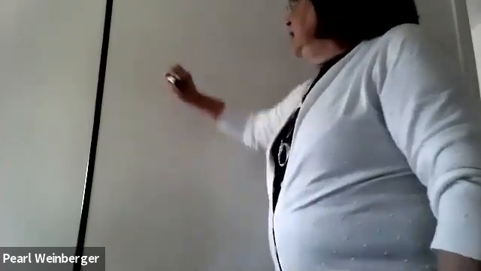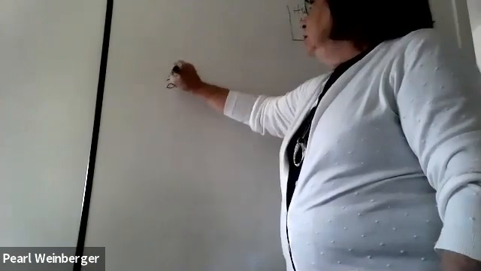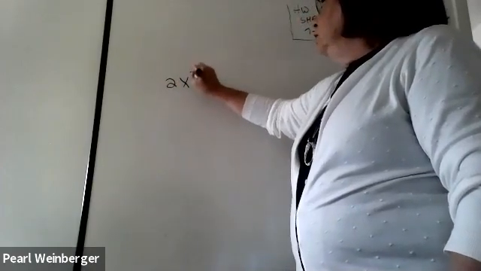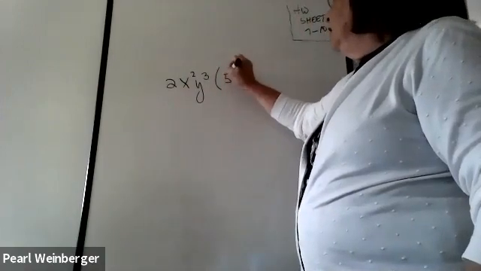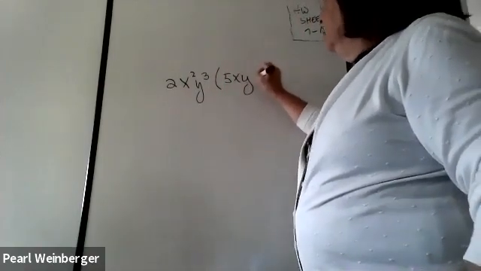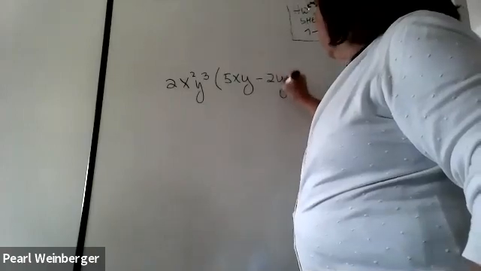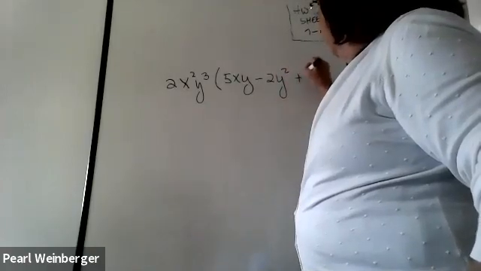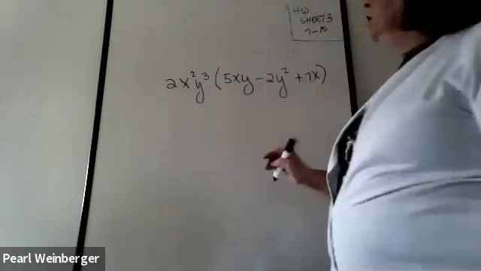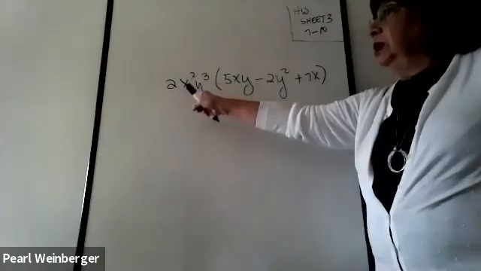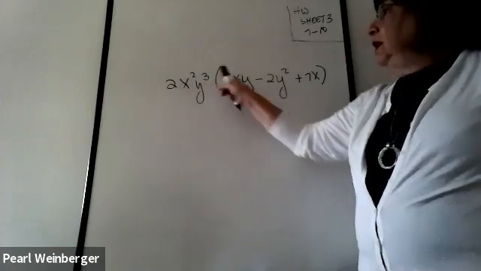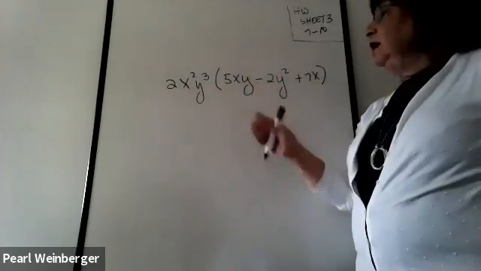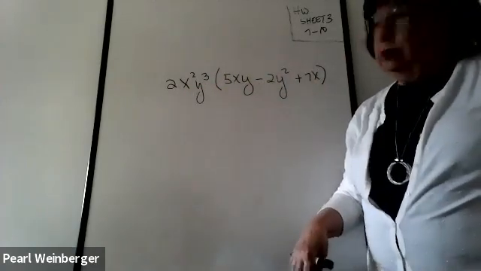So suppose I gave you 2x squared y cubed times 5xy minus 2y squared plus 7x. Suppose I want to multiply a monomial by a polynomial. This polynomial happens to be a trinomial.